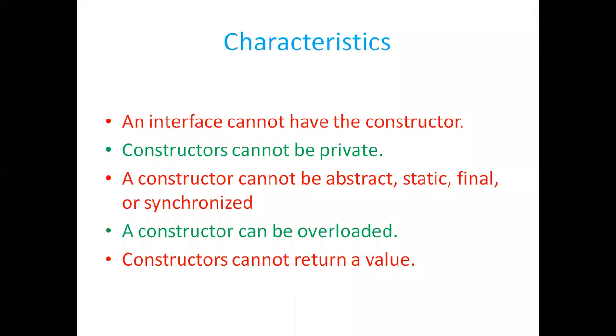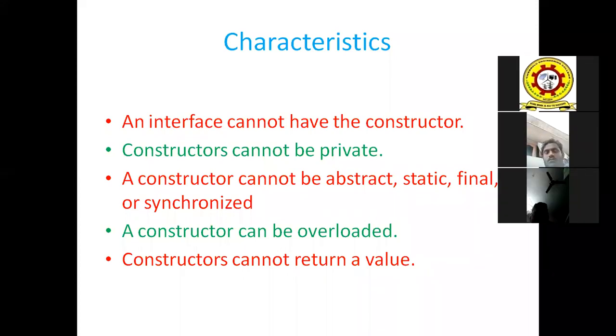We just went through the definition of interfaces while dealing with multiple inheritance. Multiple inheritance is not directly possible, but it is possible up to some extent by using the concept called interfaces, right? Apart from that, we don't know about interfaces. So keep this in your mind: we cannot define a constructor inside an interface. If there is an interface, inside that interface we cannot define a constructor, right?